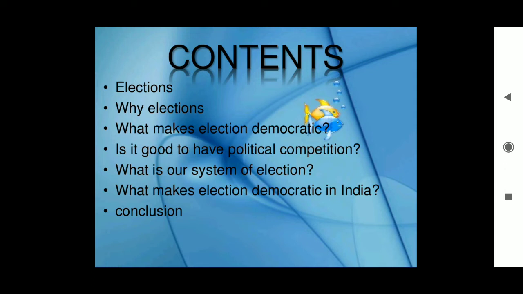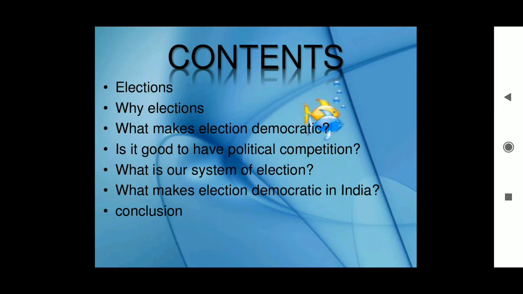Then we shall study what makes an election democratic, and then whether it is good to have political competition, and then what is our system of election, that is what types of elections are performed in India. We shall take a look at this as well. Besides, we shall also study what makes elections democratic in India.